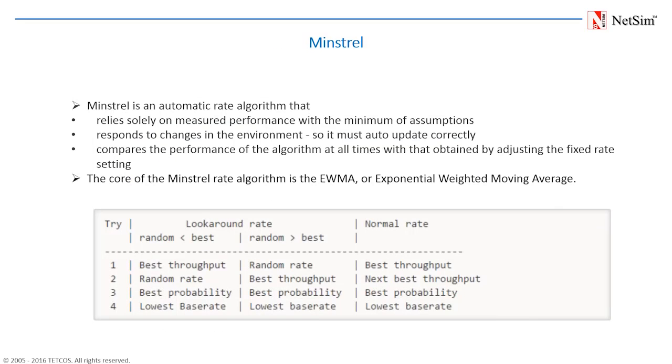The core of the Minstrel rate adaptation algorithm is the exponential weighted moving average. The table shown below shows the 4 rates that are used by Minstrel, namely best throughput, random rate, best probability and lowest base rate. The algorithm is based on the EWMA of successful packets to determine which rate is to be used.